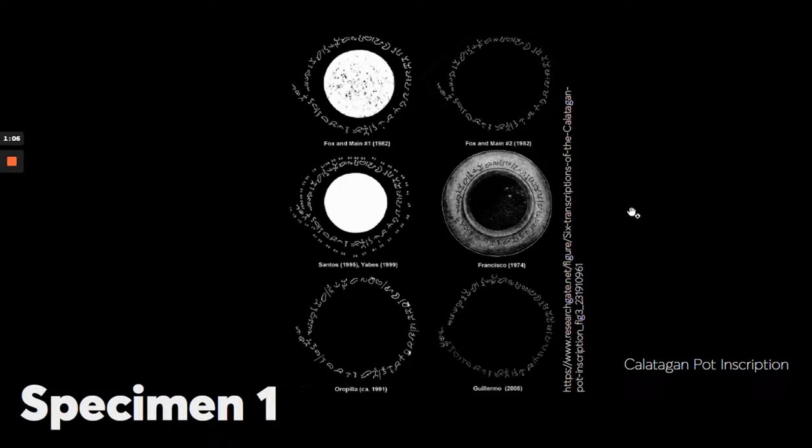The first Philippine script specimen is the Calatagan pot inscription. According to research, these have shown to be something like a prayer pot, meant to be read by a shaman.